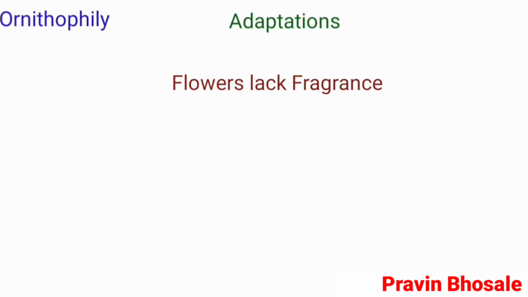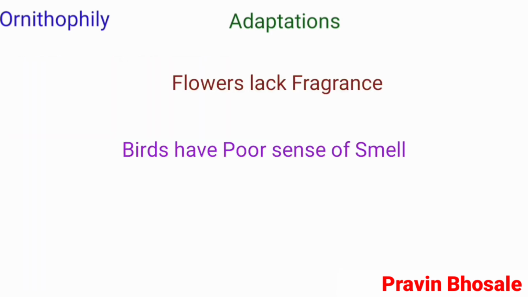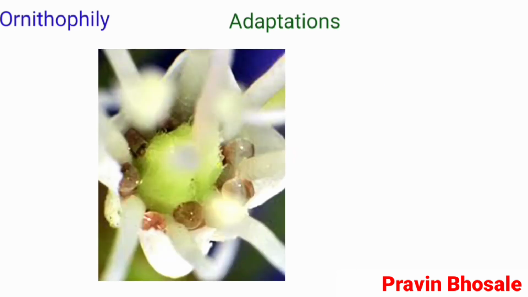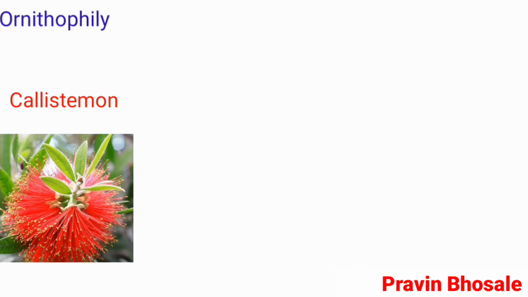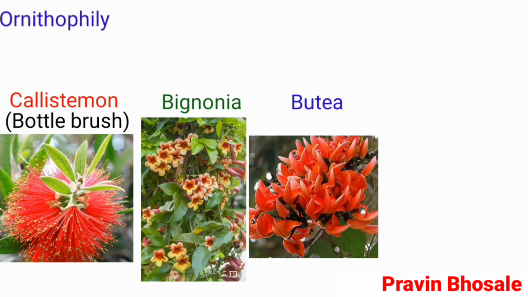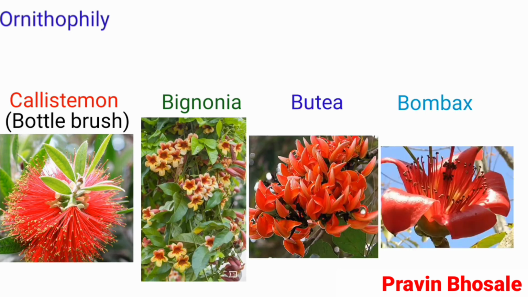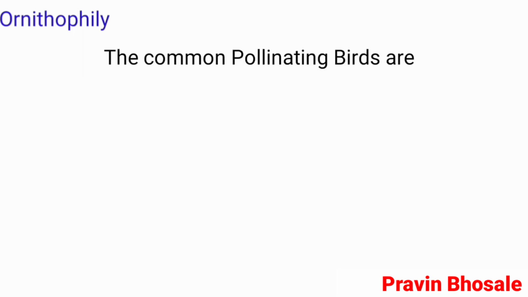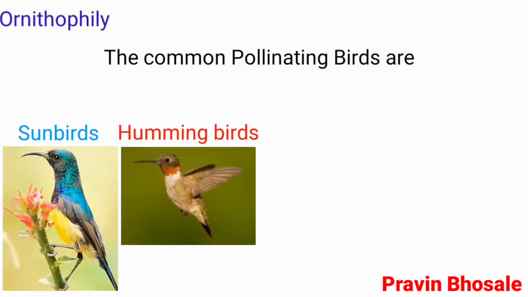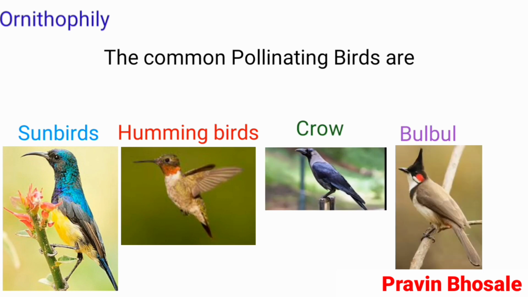Flowers lack fragrance because birds have a poor sense of smell. Flowers produce large amounts of sugary nectar which is used as a drink by the birds. Pollen grains are sticky. Examples: callistemon, that is bottle brush, bignonia, butea and bombax, that is silk cotton. The common pollinating birds are sunbirds, hummingbirds, crow and bulbul.